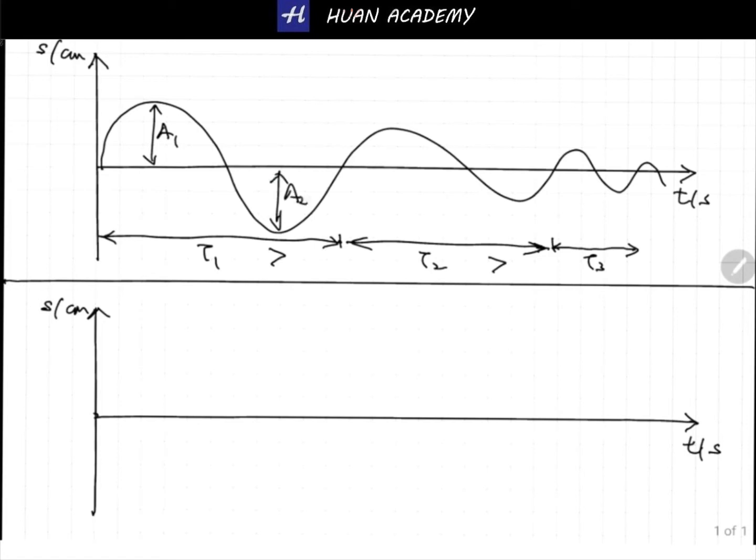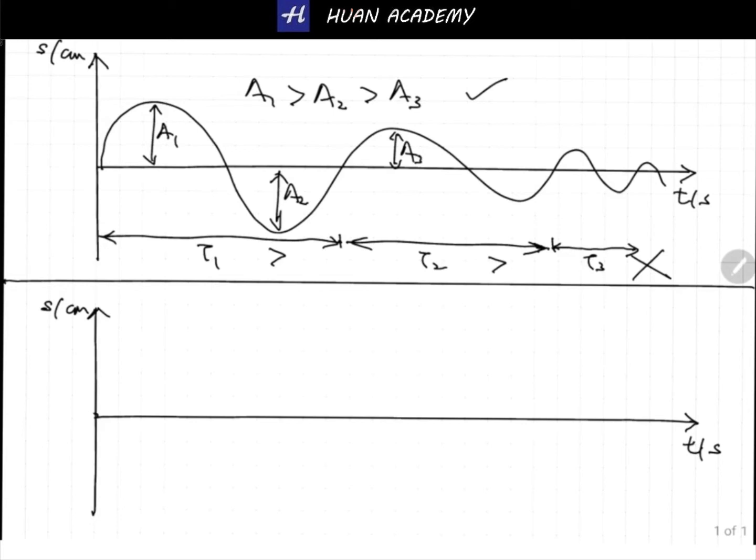And of course, A1, A2 and A3 are correct because A1 is greater than A2 and greater than A3, and this is correct. But T1 greater than T2 greater than T3 is wrong, so you cannot get a full mark for this question.